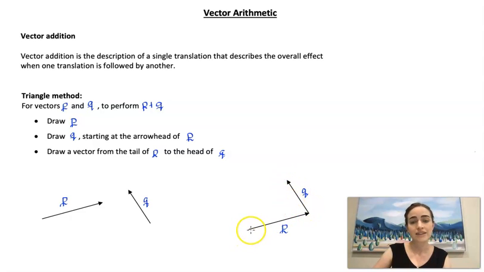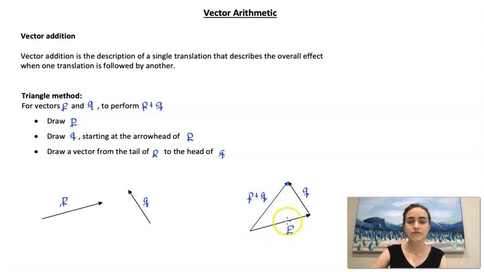To find our answer, our new vector, our addition, we'll be joining this point here to this one here. So like we said, making this shift that p describes, immediately followed by this shift that q describes, could be described in one step as this shift here, so moving this length in this direction. That's what this new addition vector is describing.